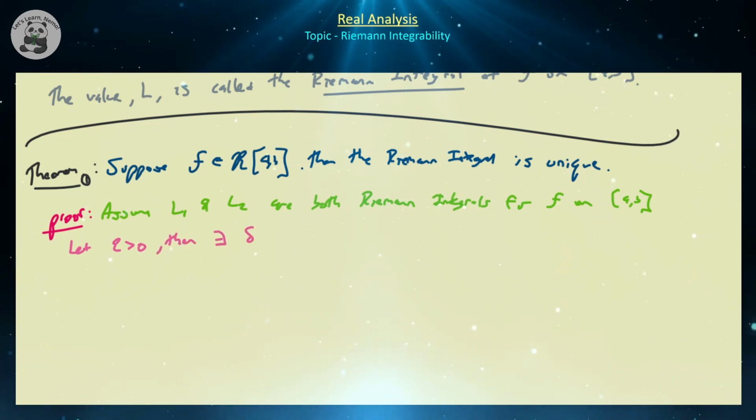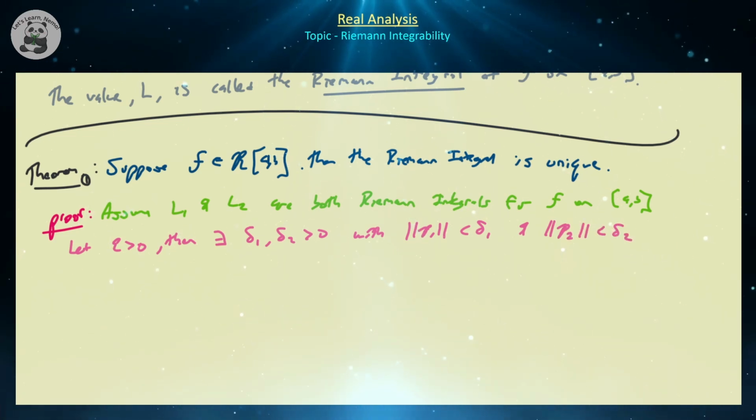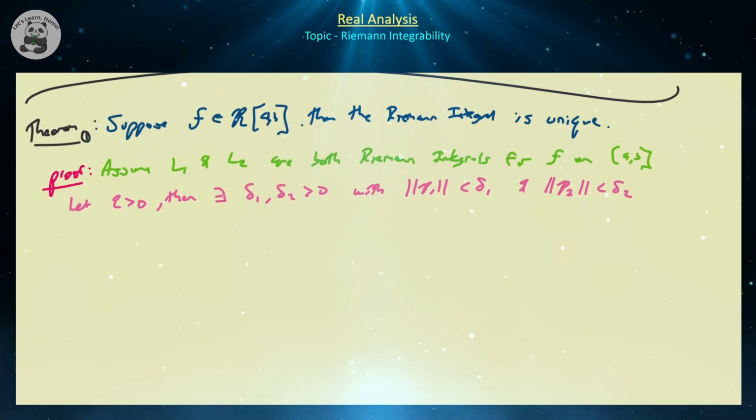Then there exist some numbers delta 1 and delta 2, both positive, with the norm of partition 1 less than delta 1, and the norm of partition 2 less than delta 2. Keep in mind that the partitions need not be equal to each other because this has to converge for any tag partition on those intervals. So if this is the case, then what do we have?